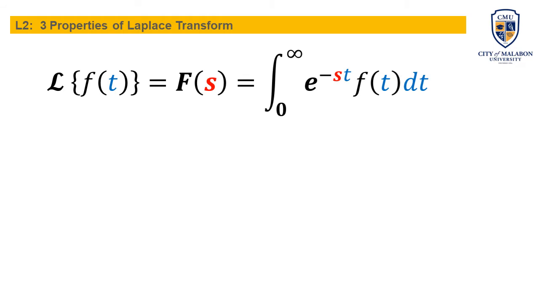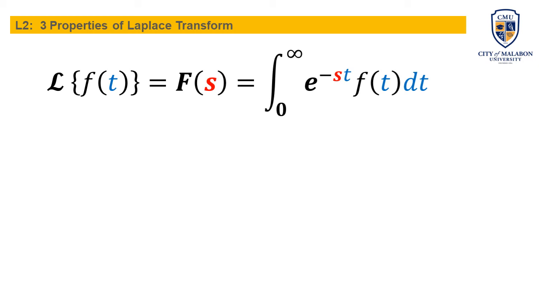So, let us recall yung definition natin na Laplace transform. The Laplace transform of a function f of t is equal to capital letter F of s. Again, ulitin lang natin, meron tayong input na f of t na function at meron tayong output na F of s.